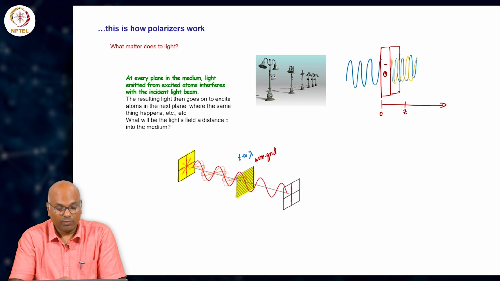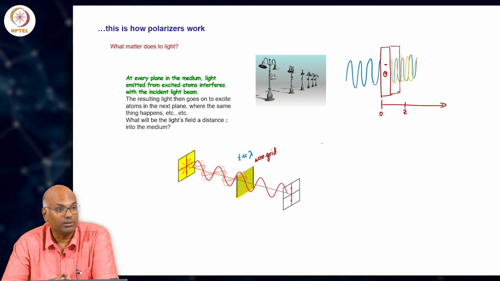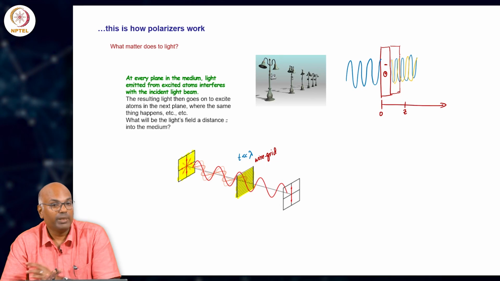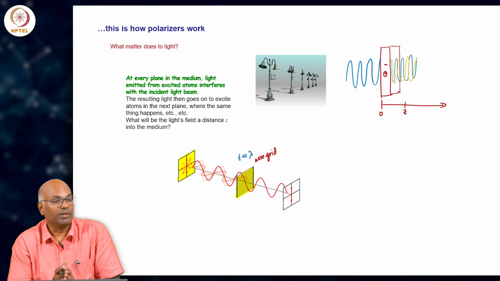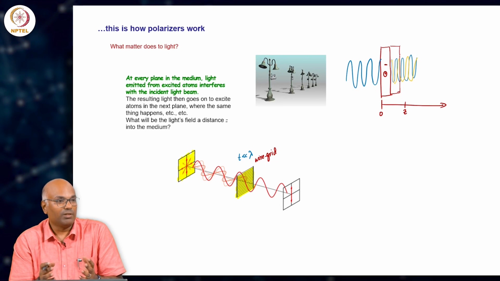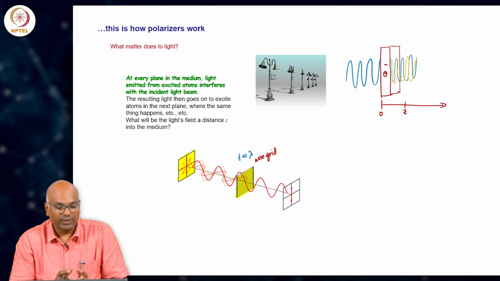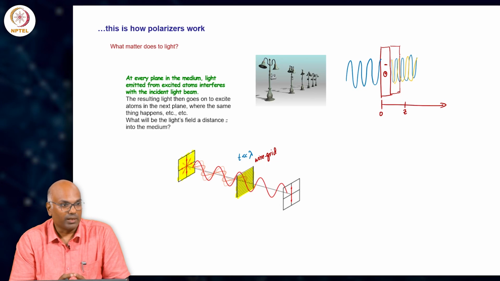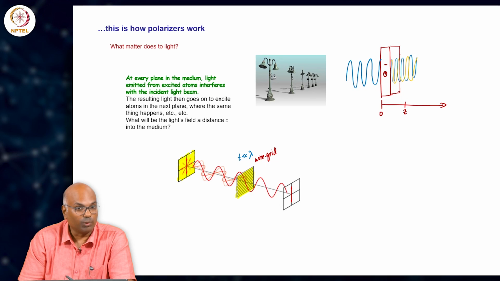Why we force this to be much smaller than lambda is because we do not want any diffraction effects, and basically diffraction is the phenomenon occurring when light encounters an edge and gap and so on. So, there are literally no gaps in that sense, and diffractive effects are negligible in this case. Then this element acts like a polarizer.